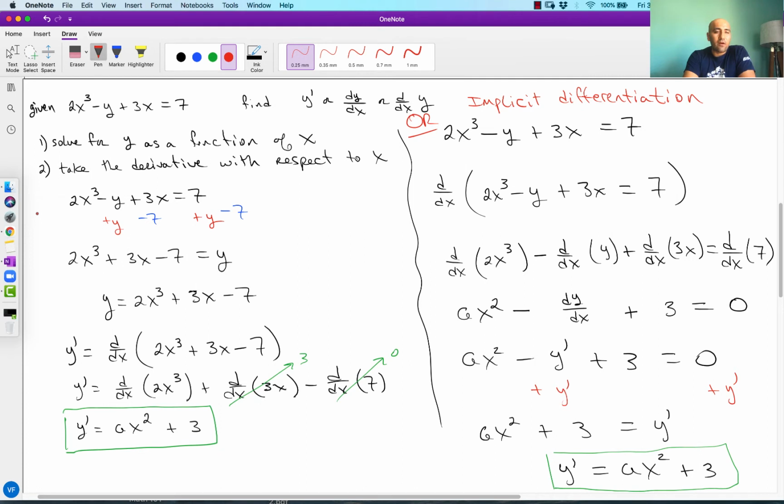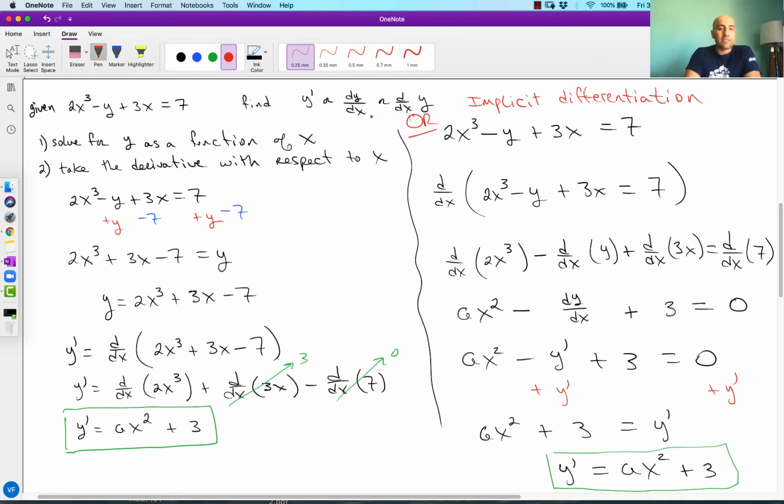It might be very hard to find that derivative once you finally solve for y, or there might not be a solution for y. That might not be possible to solve for y. So you might not be able to do it in this way. Okay, so if you can do it this way, great. It's probably the easiest, best way to do it. Solve for y. If it's quick and easy like this one, then take the derivative, no problem. But in many cases, it's difficult or impossible to solve for y, so we have to use implicit differentiation.